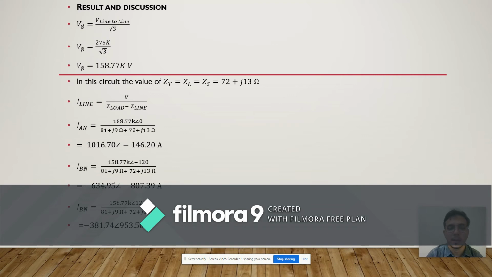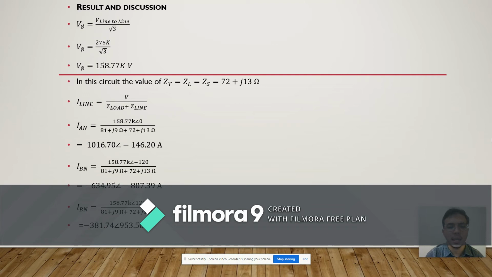ZT, ZL, and ZS are the same value. I line is equal to V over Z load plus Z line. IAN is equal to 158.77K angle 0 degrees over 81 plus j9 plus 72 plus j13.